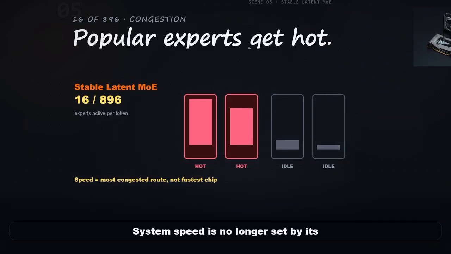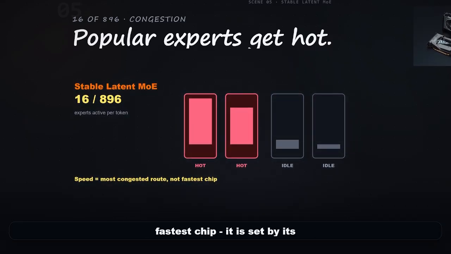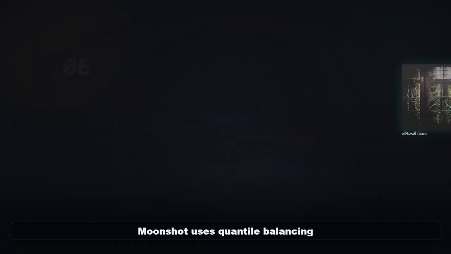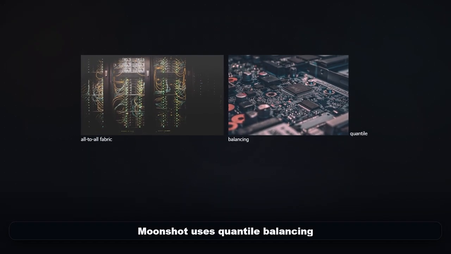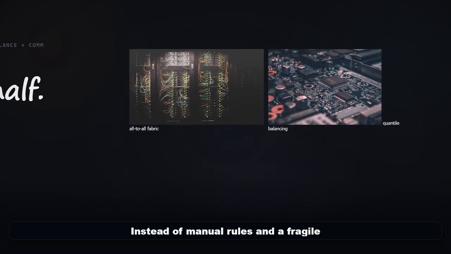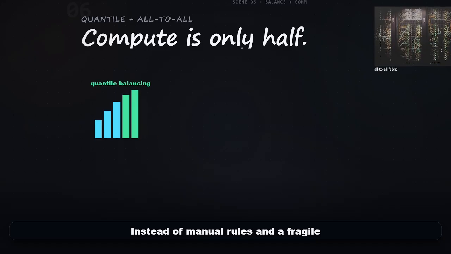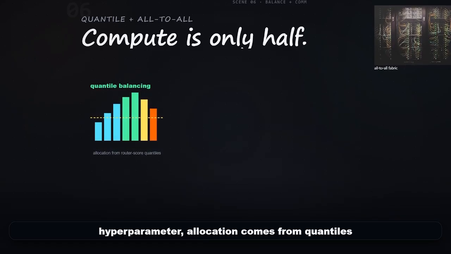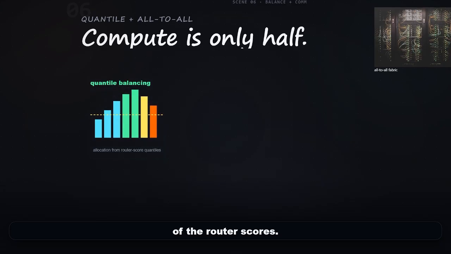The speed of the entire system is no longer determined by its fastest chip. It is determined by its most congested route. Moonshot says it uses a method called Quantile Balancing to handle expert allocation. Instead of relying on manual rules and a sensitive hyperparameter, it derives the allocation from quantiles of the router scores.